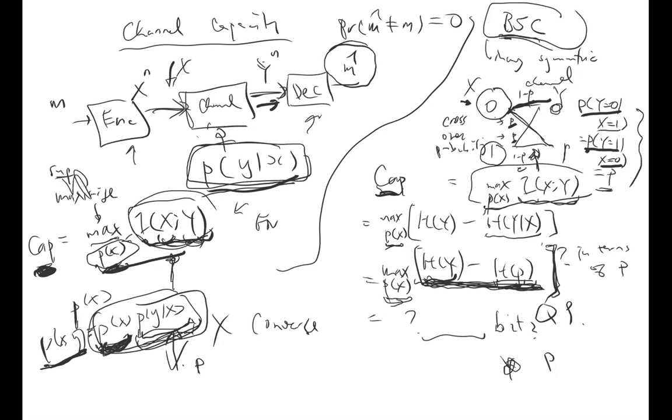Now I(X;Y) is equal to H(Y) minus H(Y|X), and we said earlier that H(Y|X) is just equal to H(P).